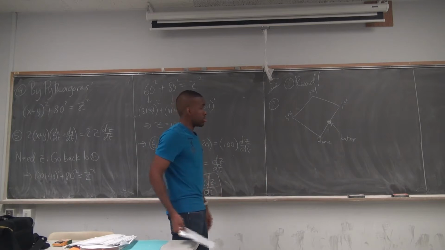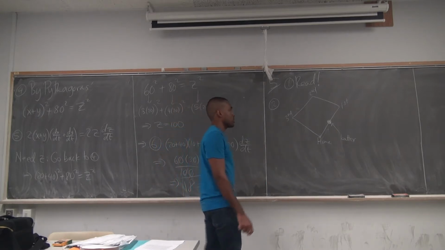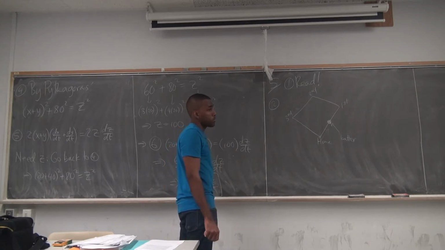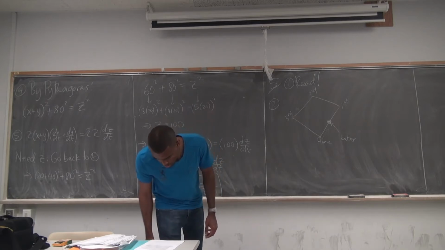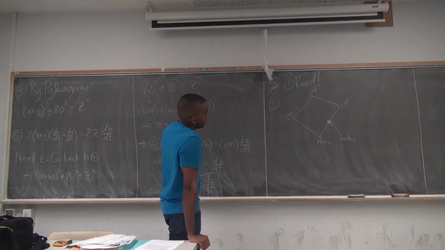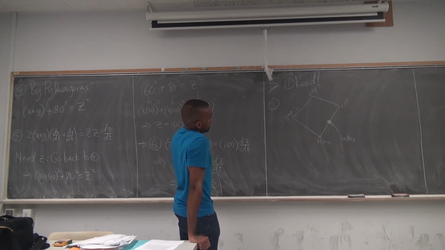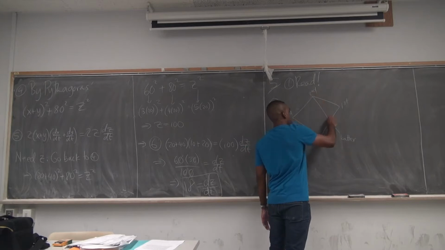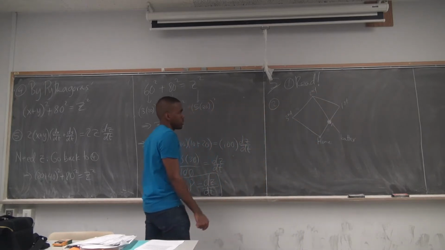What represents his distance from second base? A line from him to second, right? Distance is always measured in a straight line, right? Connecting the two things that you care about.